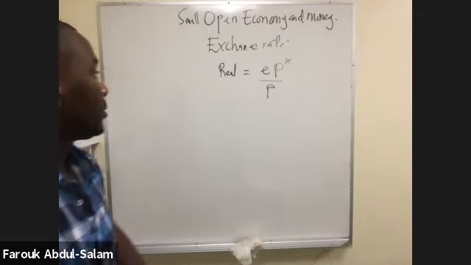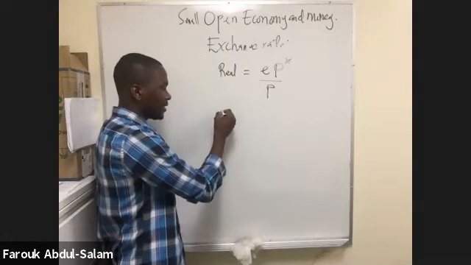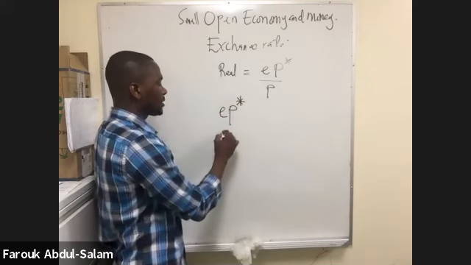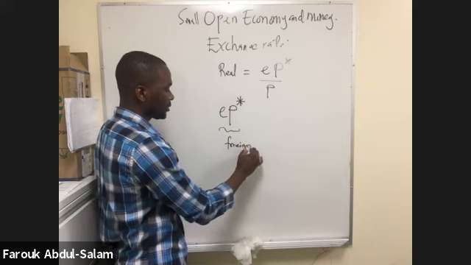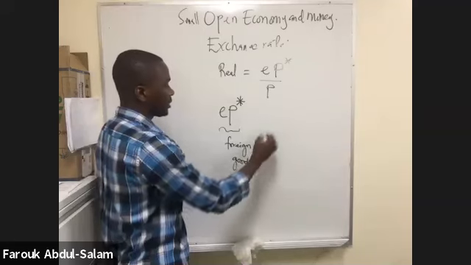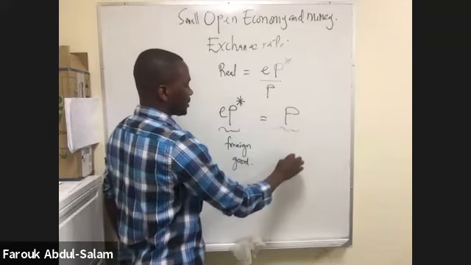So if this is my real exchange rate, a situation where I have E of P star, this is how much I'll have to pay to buy a foreign good. And this is how much I'll have to pay to buy a domestic one.